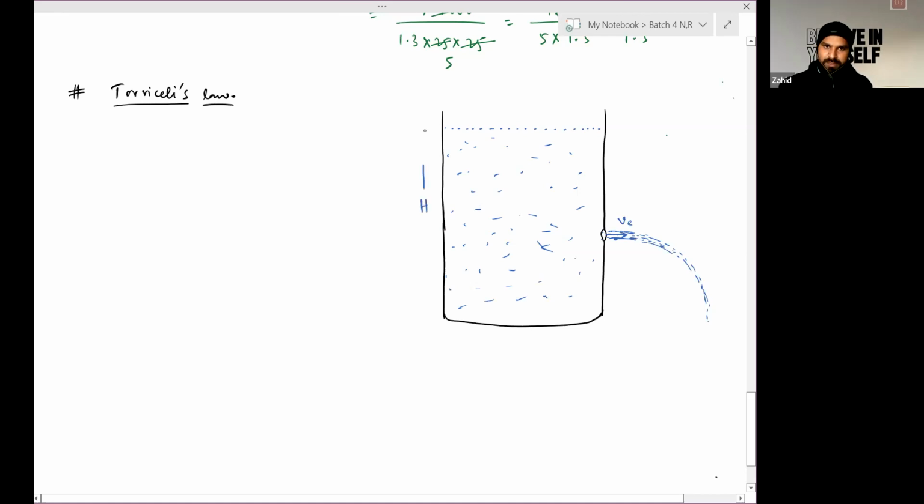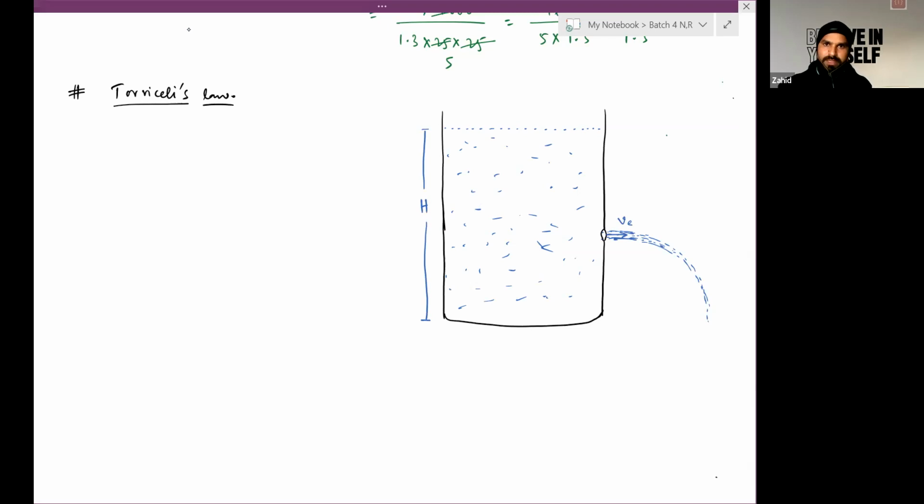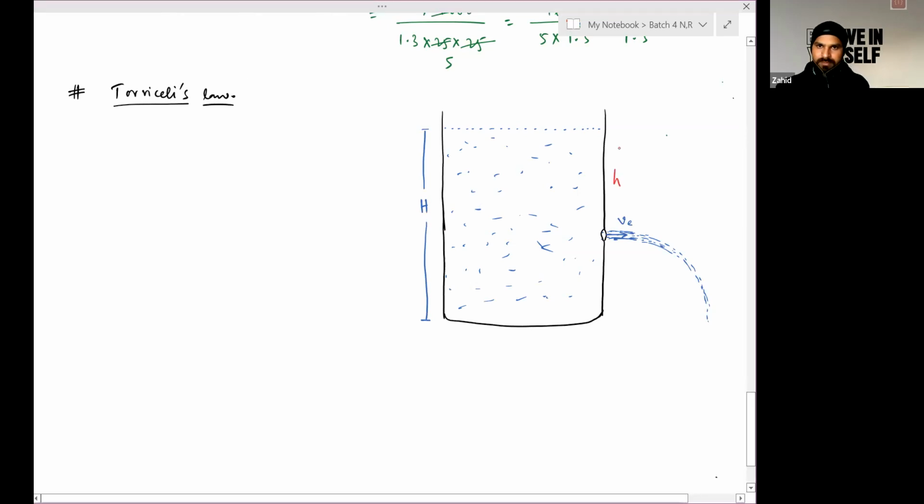Height of this particular level of liquid from bottom point is H. Hole is made at some depth h from the surface, so that this will be H minus h.